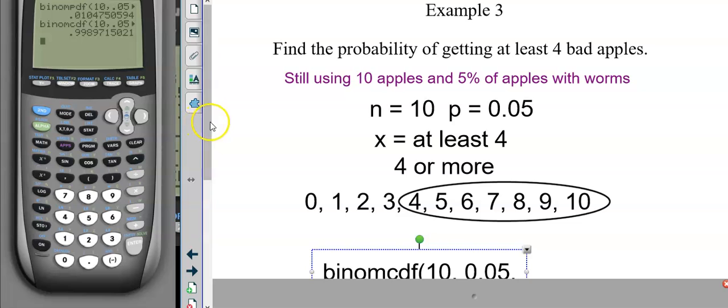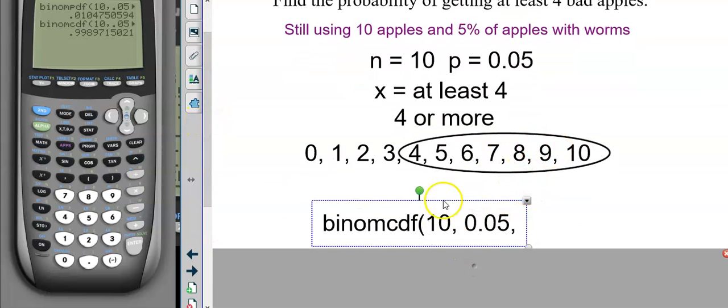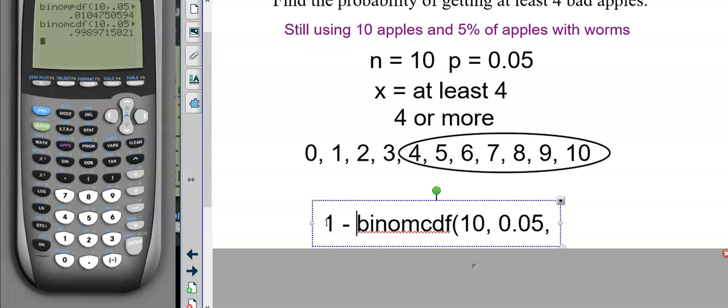And I forgot one thing, guys: it's 1 minus that binomial CDF, with n 10, p 0.05, and x looking at the lower part to help us out.